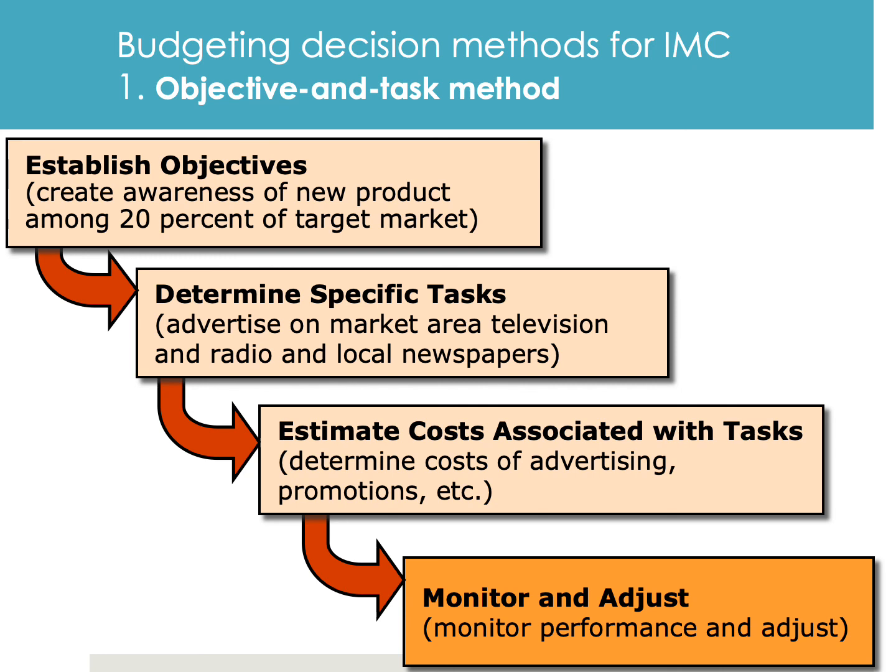Determine the cost of the advertising on television, radio and local newspapers, and then you repeat this method for each product that you have in your product line, and you monitor and adjust accordingly for each product and service. You monitor the performance and adjust the steps. You go back and you repeat the adjustments for each product if you think that it doesn't help you to reach the promotion goal that you set in the beginning.